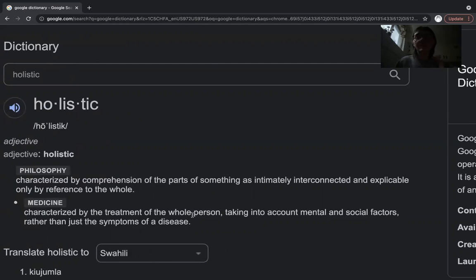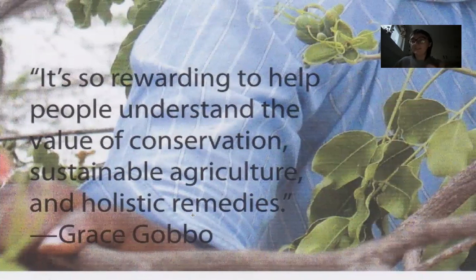Characterized by the treatment of the whole person, taking into account mental and social factors rather than just the symptoms of a disease. So that's just saying, oh, when you say holistic medicine, holistic, what does it say? Holistic remedies. It's looking at the larger picture and how everything is connected, rather than focusing on one part and saying, oh, you do this to fix this one thing, right?